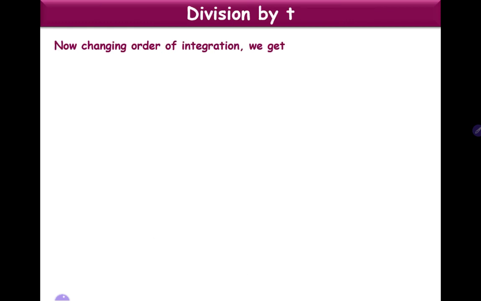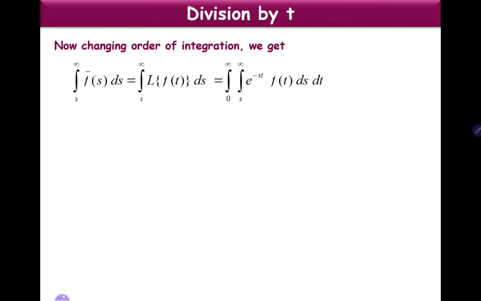So if we change the order of integration, we get the right hand side as integral 0 to infinity, integral s to infinity e power minus st f of t ds dt. That is, the inner integral is with respect to s and the outer integral is with respect to t. This is because s and t are independent variables, so we just change the positions of the integrals.